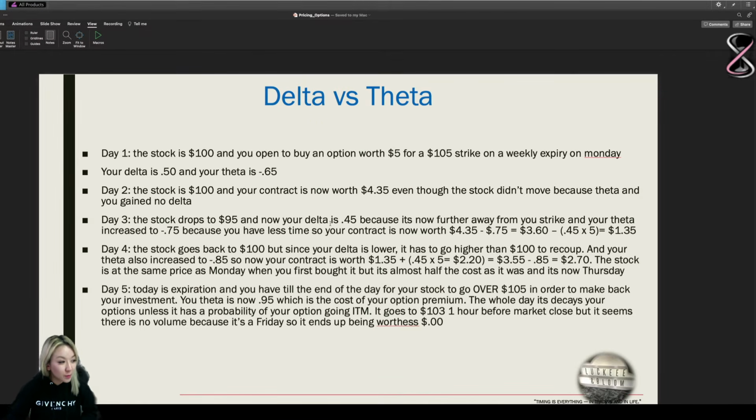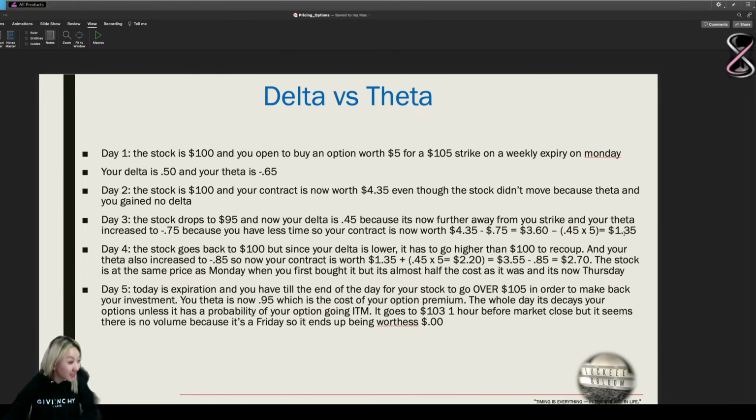So if the delta was 0.45, you multiply 0.45 times $5, and you subtract that also from your option's premium, which is $2.20 in this case. So 3.60 minus 2.20 equals 1.35. You're like, oh shoot, my $5 just became $1.35. Oh no, what do I do? You're just holding on for your life, like, please make this go up.